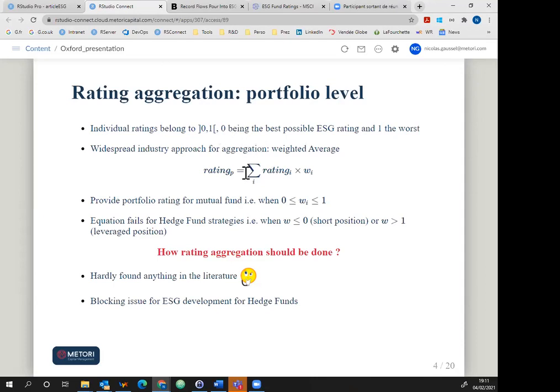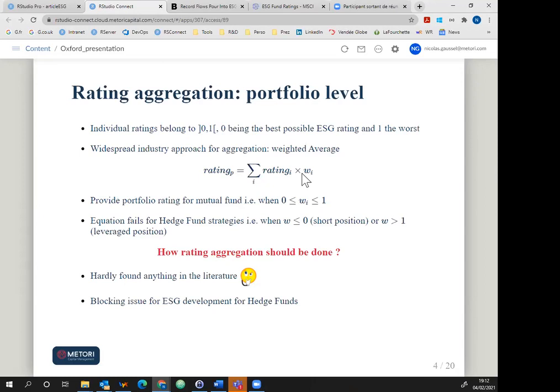I mean that if you want a rating to be something between 0 and 1, the weighted average sum of ratings, when you allow the weights W to be negative, you simply cannot guarantee that it will still belong to [0, 1].